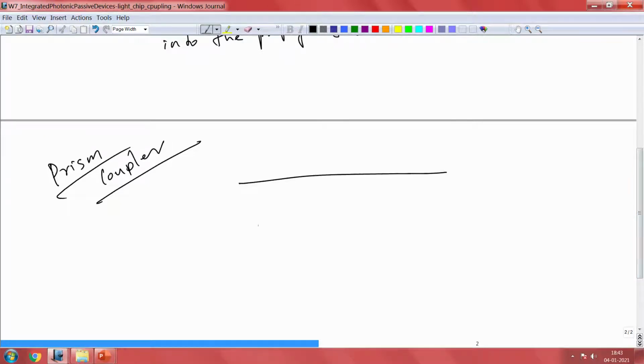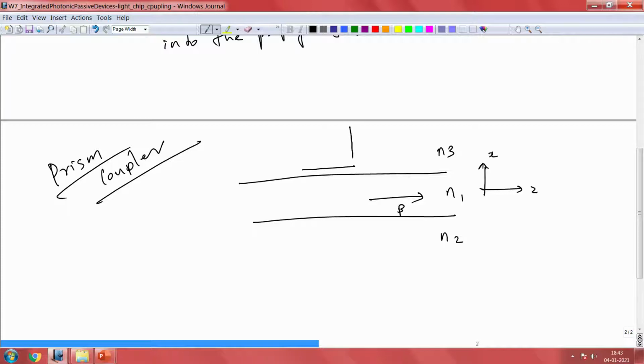So, we talked about this thin layer, where you had N1, there is N3, and you had N2. This is the propagating direction Z, and this is X. Now instead of directly illuminating it, we are going to illuminate light by using a prism.